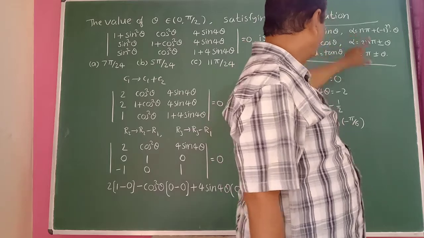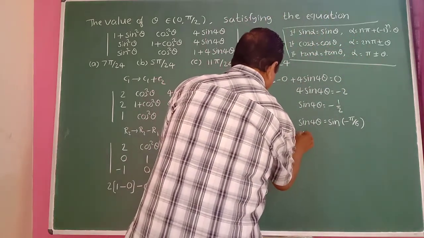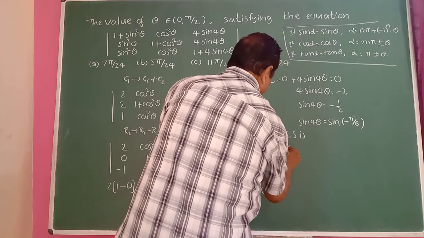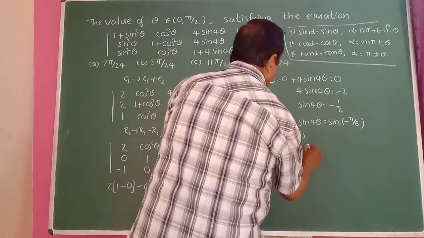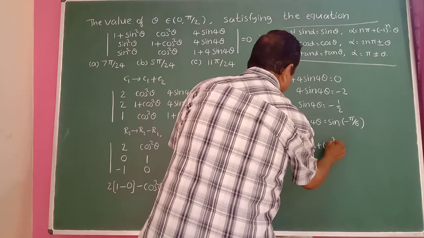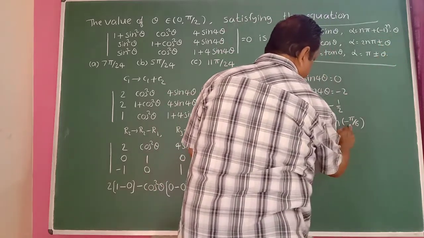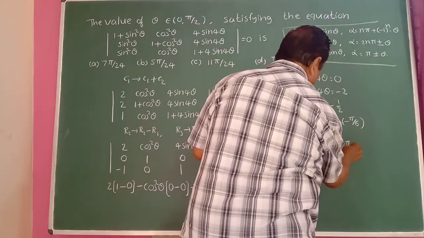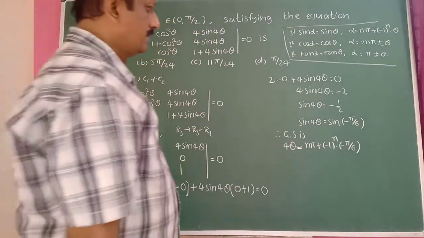Therefore, general solution 4 theta is equal to n pi plus minus 1 raised to n into minus pi by 6.